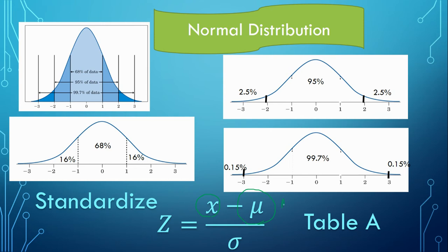So let me write that down for y'all in case you're taking notes. This is your mean. And then this was your standard deviation. And this was your observation. And the Z was your z-score. And then I took the z-score to table A.